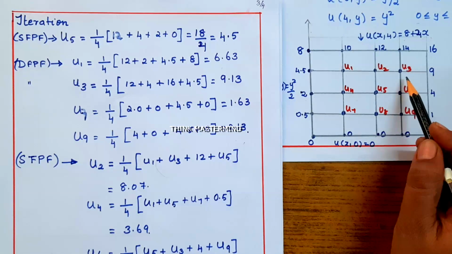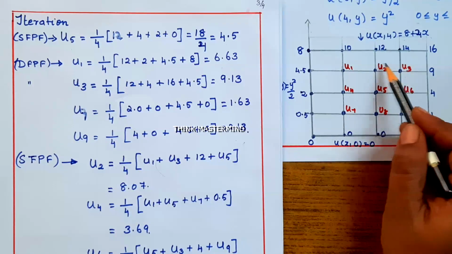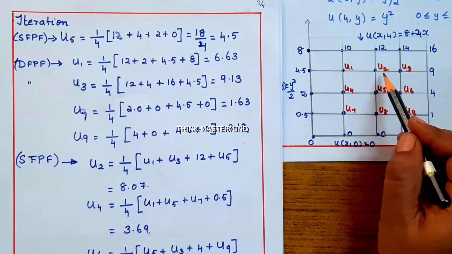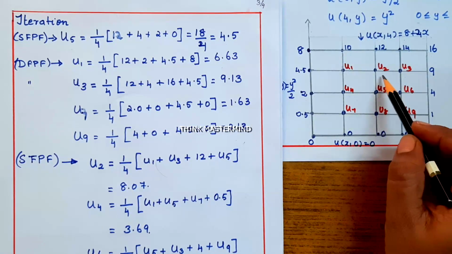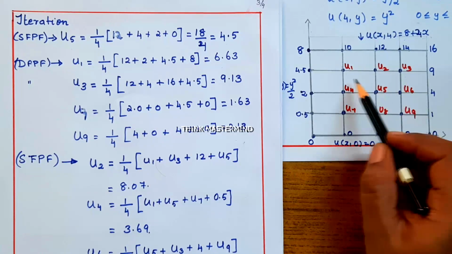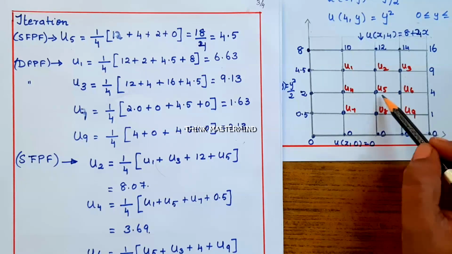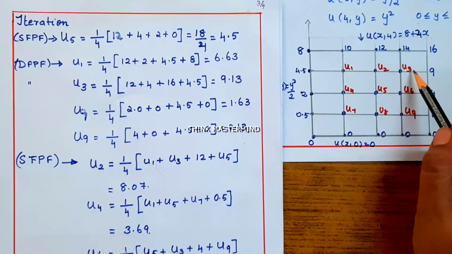Next I am going to find the initial value of u3. Why am I not going to find the u2 value? Suppose we use the standard 5-point formula: u2 is equal to 1 by 4 times of u1 plus u3 and 12 plus u5. Here I know u1, but again u3 is unknown.